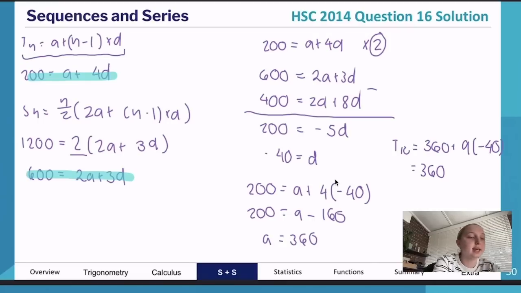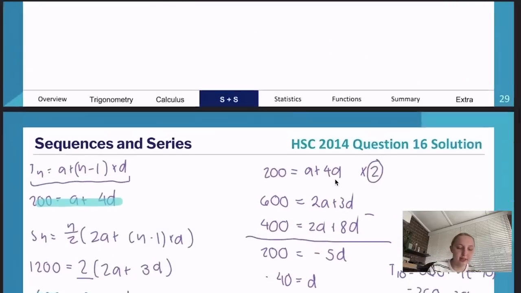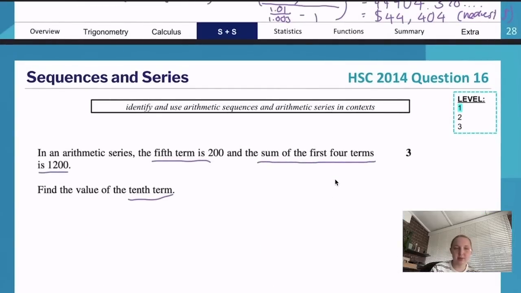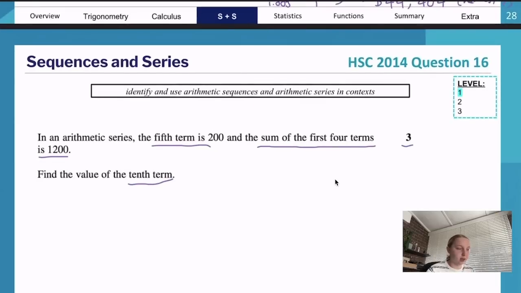I'm just going to check that with the calculator, just in case my mental maths is wrong. Okay, so therefore our 10th term is equal to 0. Pretty simple question. It is worth 3 marks because there's quite a fair bit that you do need to do, but the maths itself is not too tricky.